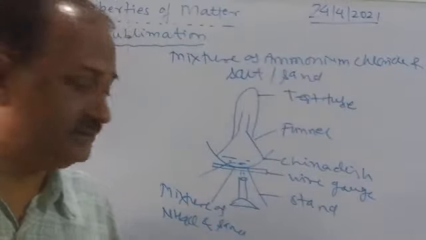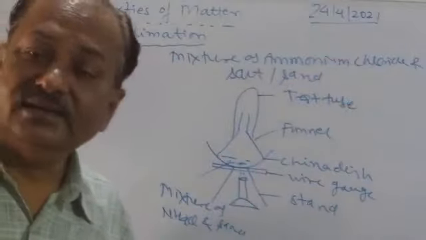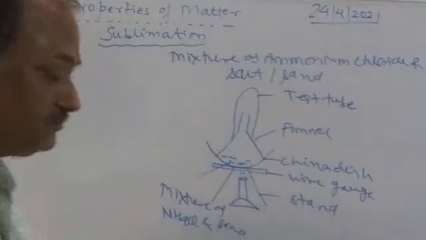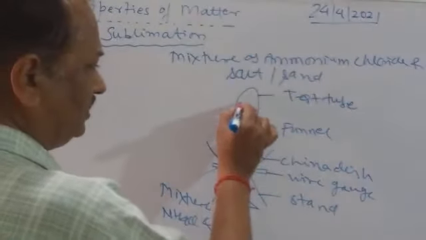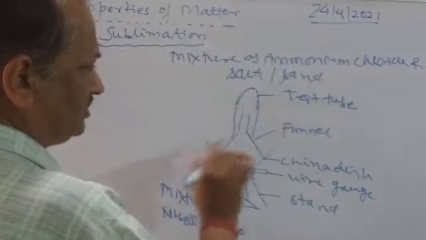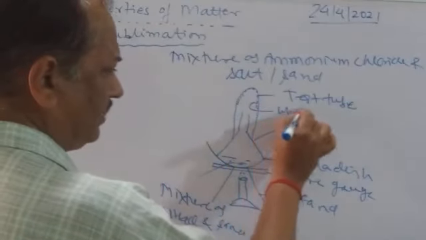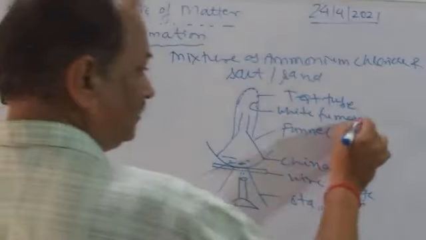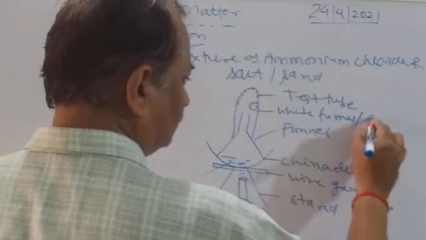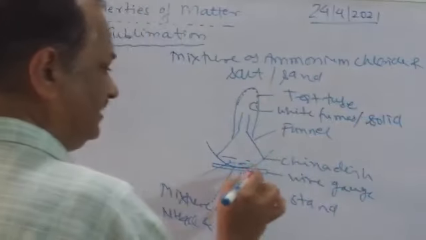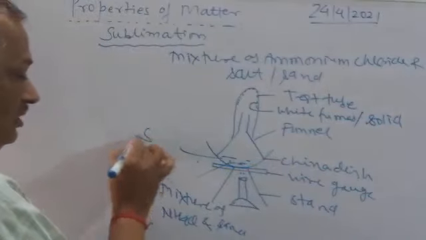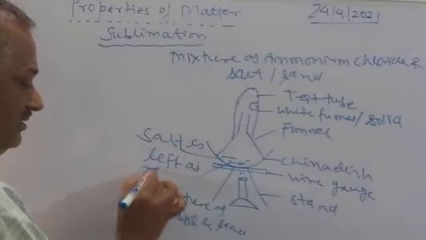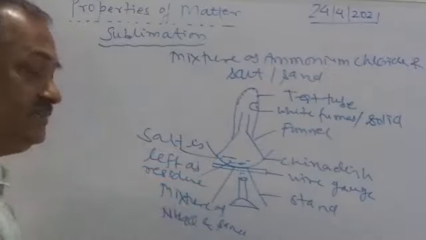After some time, what happens? As ammonium chloride undergoes sublimation and sand or salt will not, after some time inside the test tube the white fumes are initially collected, and then the white fumes are converted to white solid, and then the salt is left as residue.